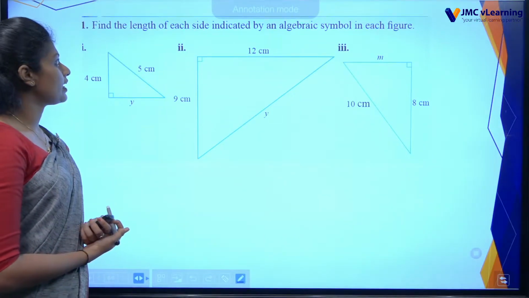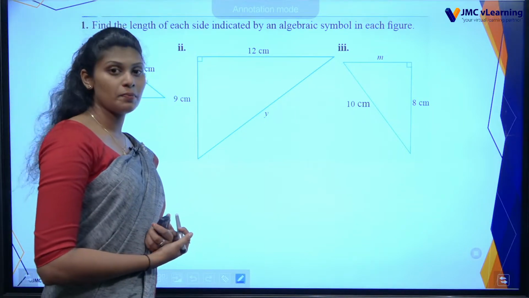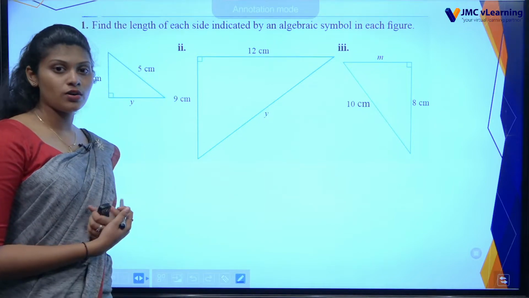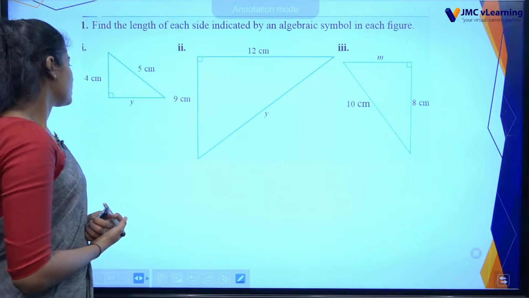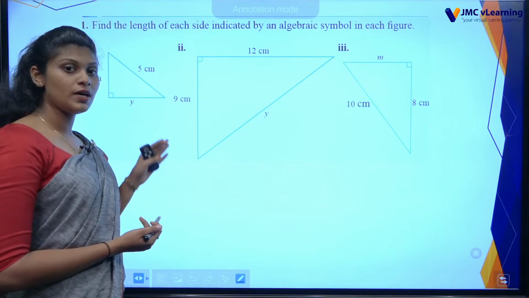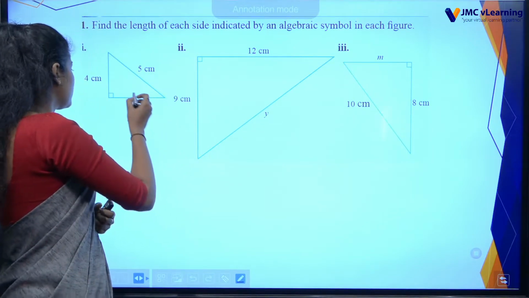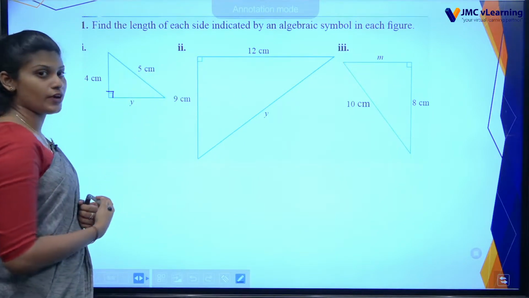Then find the length of each side indicated by an algebraic symbol in each figure. That means there is one unknown term, you have to find the value of that unknown term. Then what do you have to do? You have to put the Pythagoras relation in each figure. This is 90 degree and the opposite side is 5 centimeters.